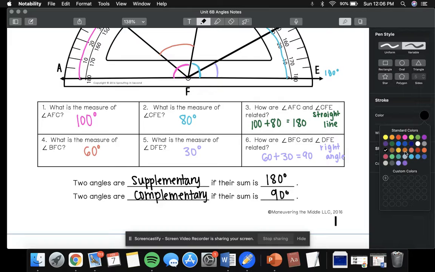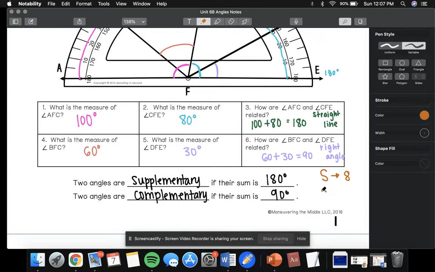Okay. So you'll have to memorize supplementary and complementary. I remember that the letter S kind of looks like an 8 and supplementary has 180. Okay. And then I also remember C for complementary kind of looks like a 9, the part of the 9.